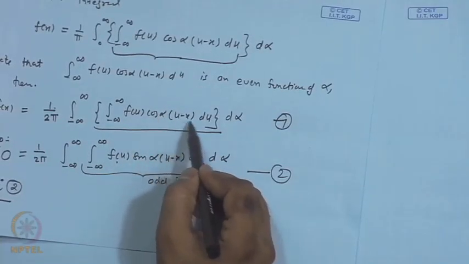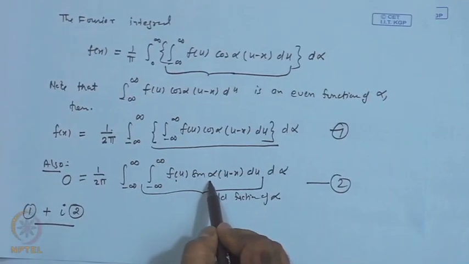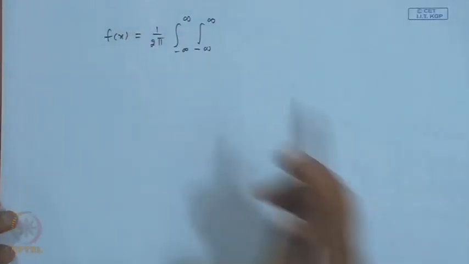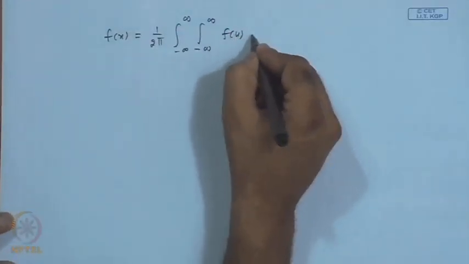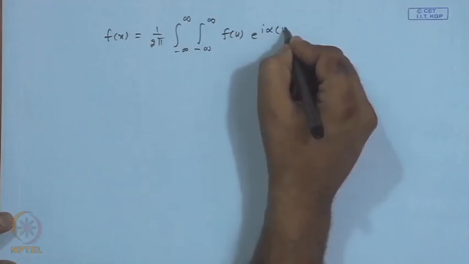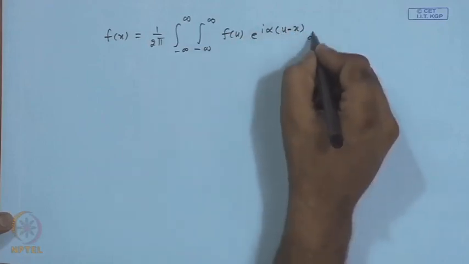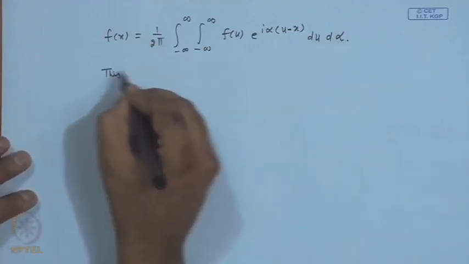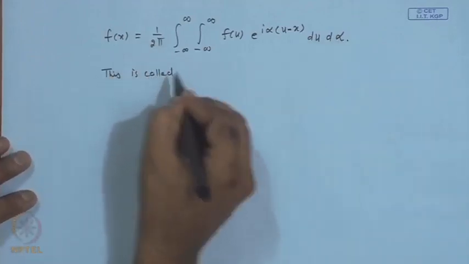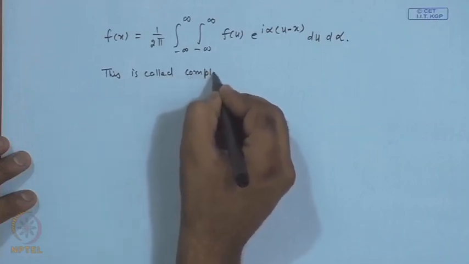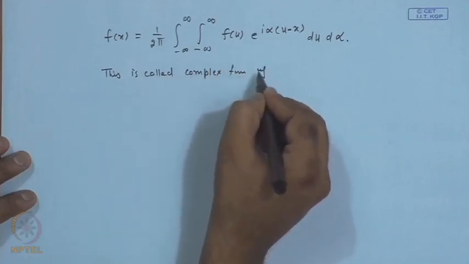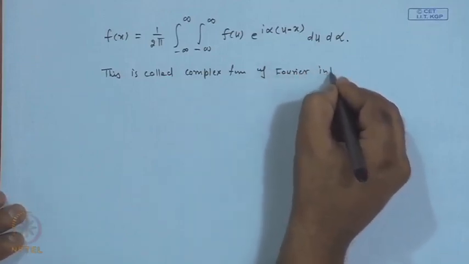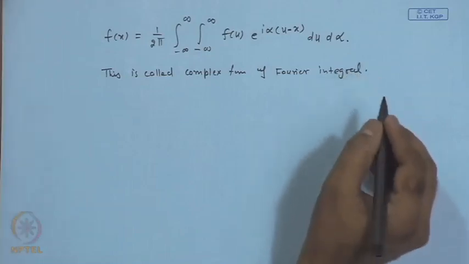So, cos alpha(u minus x) plus i sin alpha(u minus x). That again in exponential form we can write: f(u) e^(i alpha(u minus x)) du d alpha, and this is called the complex form of Fourier integral.